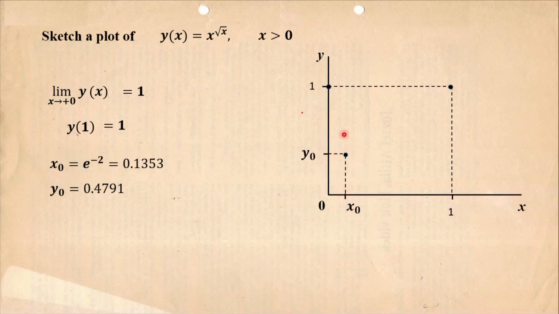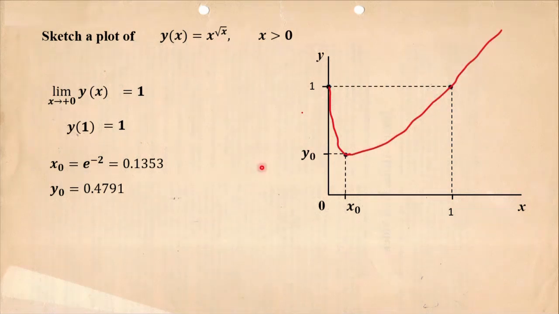Now we know that the function decreases here because here is the minimum. On the right-hand side it increases indefinitely, and this is the plot which we are looking for. Now we will use the plot to determine the number of roots of the equation which we need to solve.